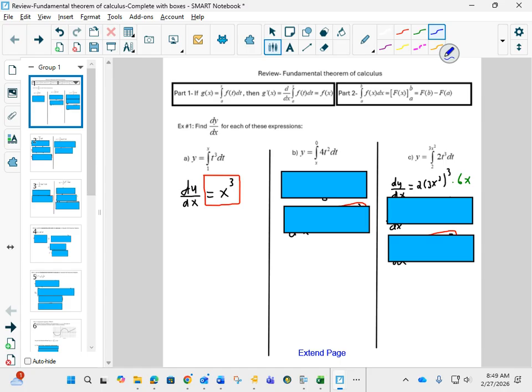If you're going up to another function, some people go straight to the answer. Just like you replace the equation with an x, now you replace the equation with a 3x squared. But you always have to do a chain rule and add it in. When we were first learning it, we did a substitution.